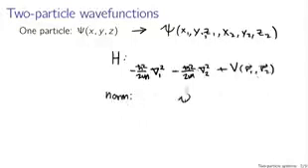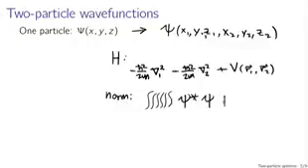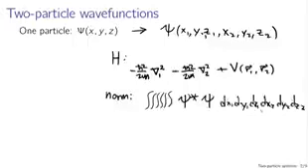In particular, while the probability density that we're working with is still going to be psi star psi, we're going to have to integrate it over many, many dimensions. 6 dimensions in this case if I'm working with two particles in 3 dimensions: dx1, dy1, dz1, dx2, dy2, dz2. So if you're trying to normalize a wave function for two particles in 3 dimensions in Cartesian coordinates, you've got a lot of integrating to do.